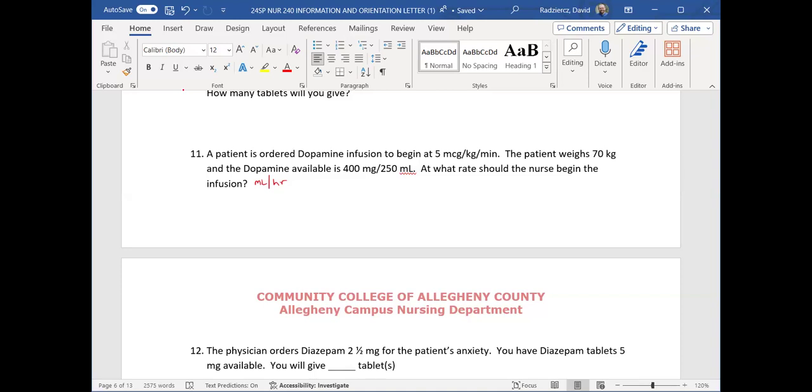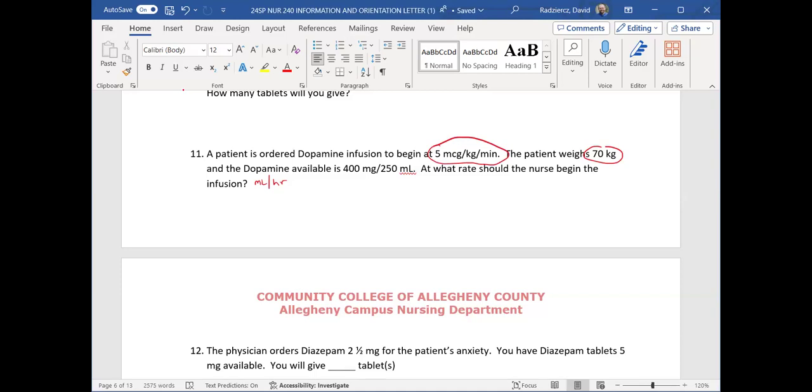The other thing I'd be looking for, if I was questioning whether it's drops per minute, is that they would have given me some indication like a drop factor. There is no drop factor listed, so we don't need to worry about that. So we have a couple pieces of information here. We have a patient weight, 70 kilograms. And then we have what we're going to start it at, listed at 5 micrograms per kilogram per minute.